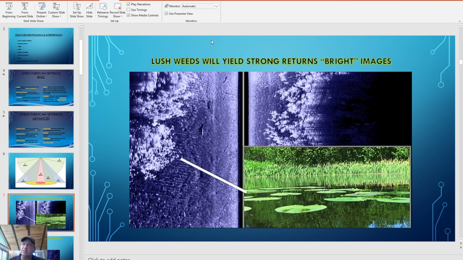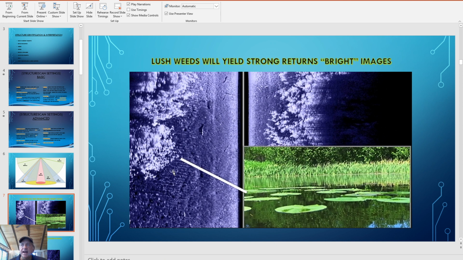What this slide is trying to show you, when it comes to interpreting what you can visibly see on the surface, is an area where there's lush weeds. There's heavy lily pads with those heavy stems that you've all seen. In side imaging, lush weeds like that will give you this kind of heavy cotton ball effect.